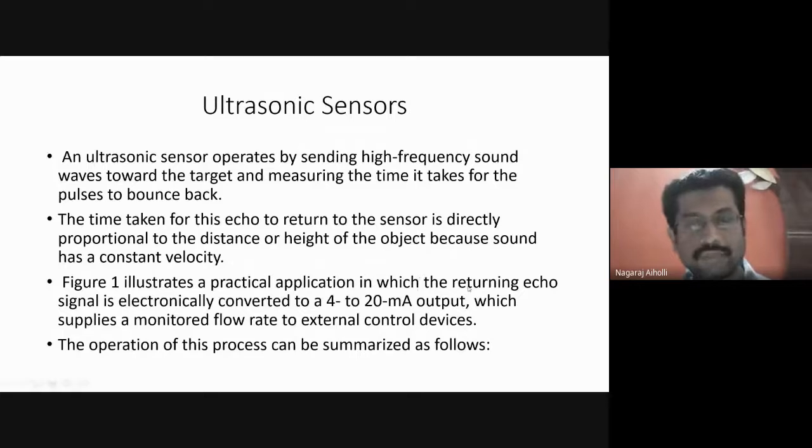It is converted to a 4 to 20 milliampere output, which supplies a monitored flow rate to external control devices. The operation of this ultrasonic sensing process is summarized as follows.